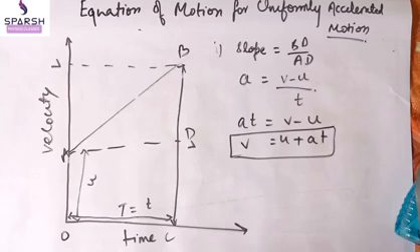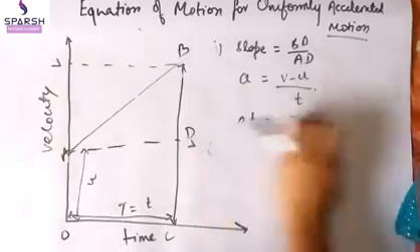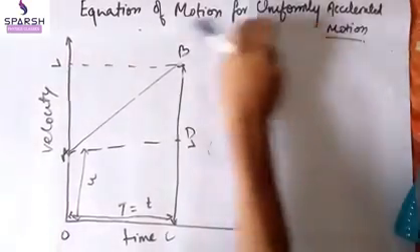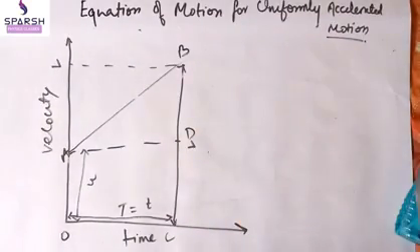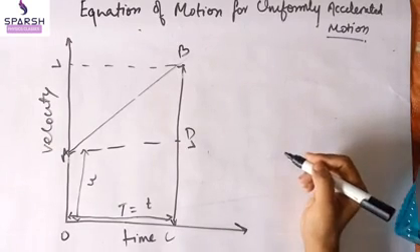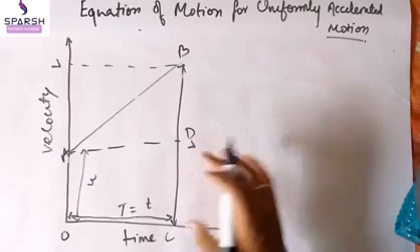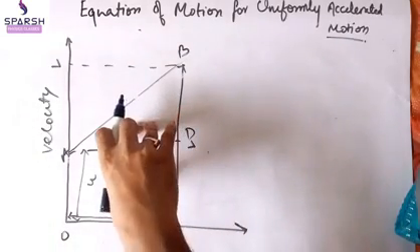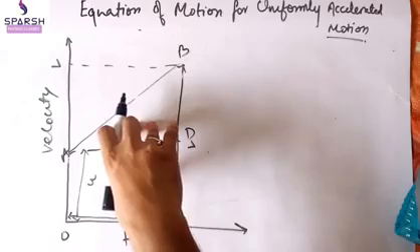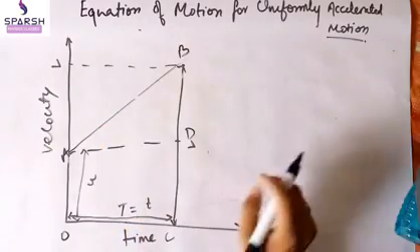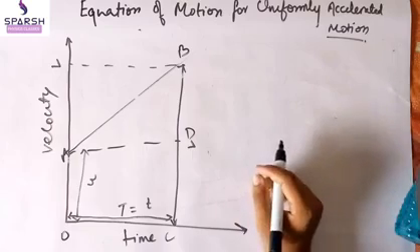Now the second equation of motion. For the second equation of motion, what are we going to find? We are going to find the area under this curve, since the area of this graph will give you distance covered in the given time, or displacement, because it is a velocity graph.